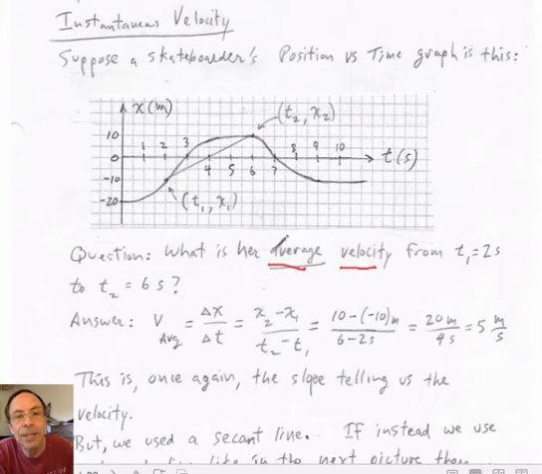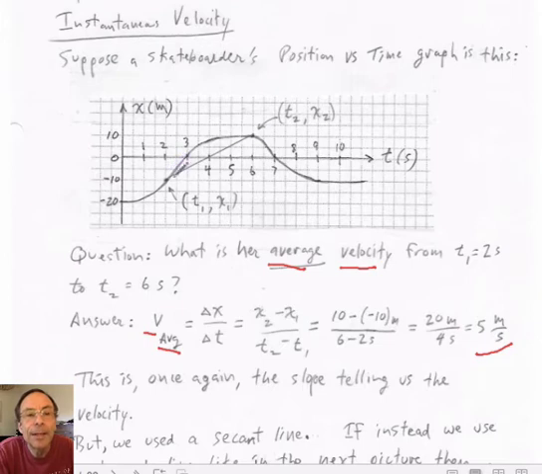The initial was negative 10. So you have 10 minus negative 10. Minus minus is positive, works out to 20 meters. The elapsed time is 6 seconds minus 2 seconds. That's 4. Okay, 20 divided by 4 is 5 meters per second. That's the average velocity.